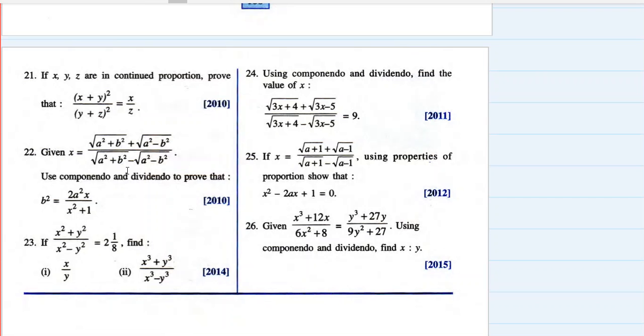Sir, 27. 27 again, it's not there, right? Yes, sir. Yeah, so send me the picture of both of them. Yes, sir. I'll send the picture. Okay.